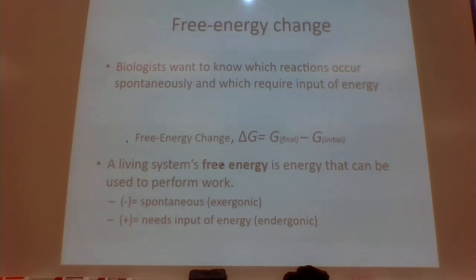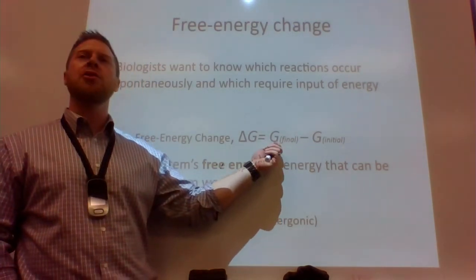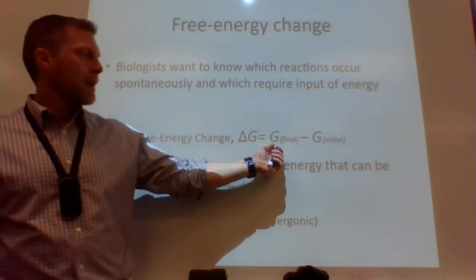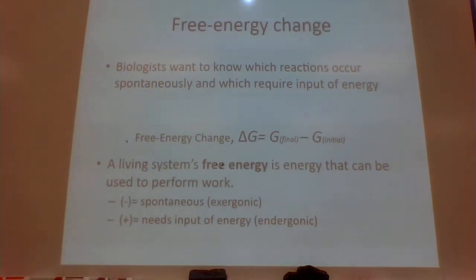I like to use the most simple one. To measure delta G, you would take the free energy final minus the free energy initial. So you're taking the amount of energy in the end, and you're subtracting the amount of energy at the beginning.